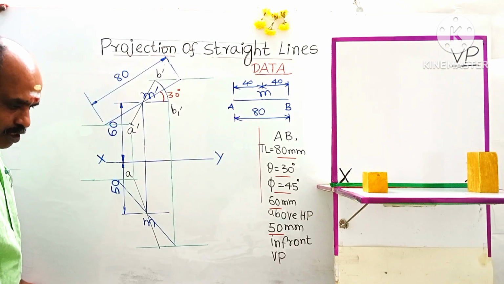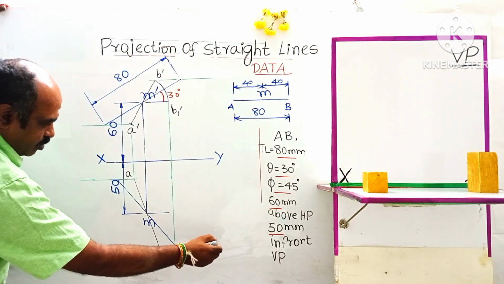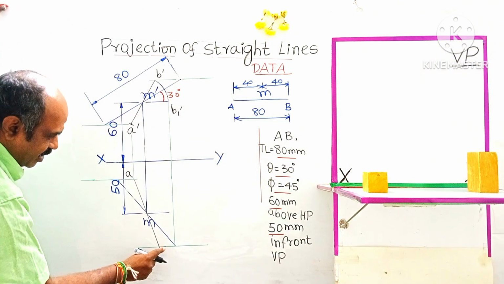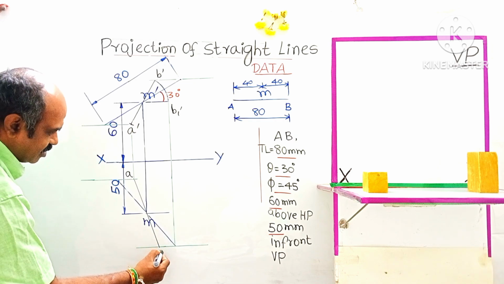Okay. It cuts this bottom locus line here. Extra length may be erased. This point shall be marked as B.